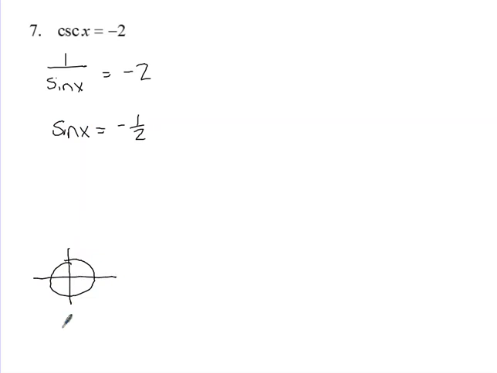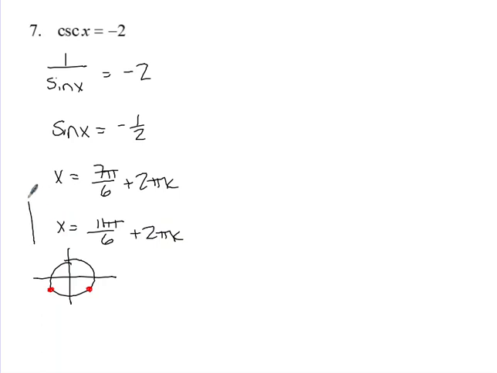Then I just look at the unit circle. Sine of x equals -1/2 at these two angles. So I just have x equals 7 pi over 6 plus 2 pi k, and 11 pi over 6 plus 2 pi k. And those are our solutions.